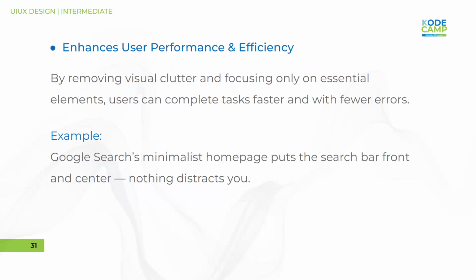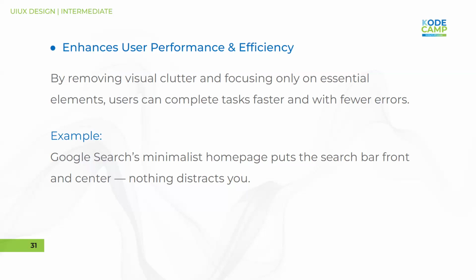So this is when it has to do with Google search. We look at the example that I gave before. When using Google, you see that the home page puts the search bar in front and at the center. With that, it tells you, I know this is what you are coming here for. You want to search for a particular thing.